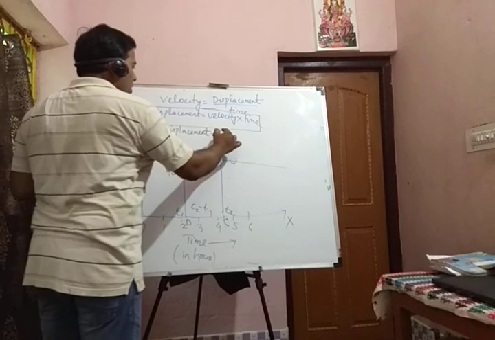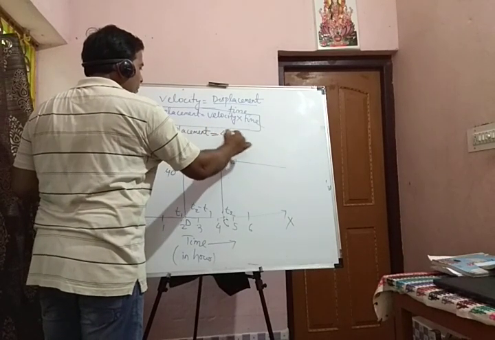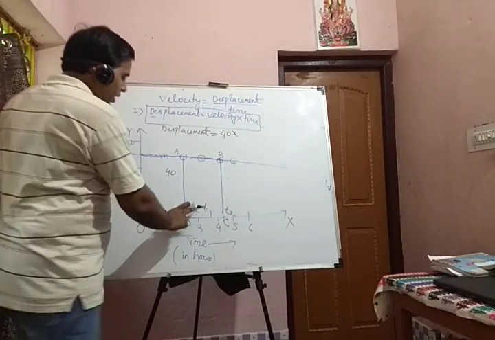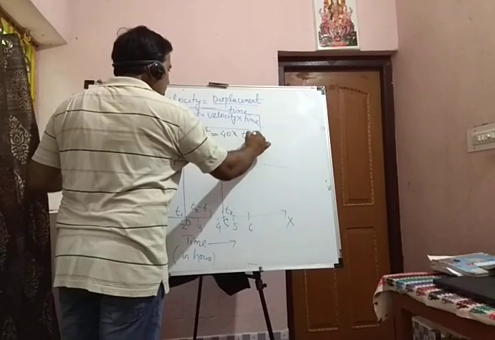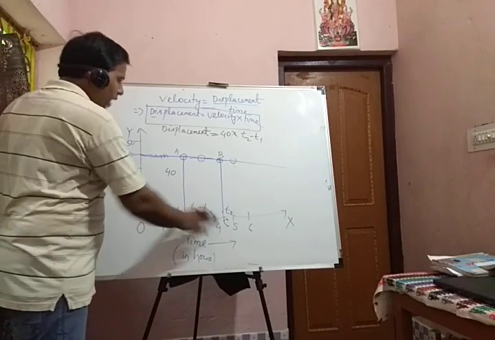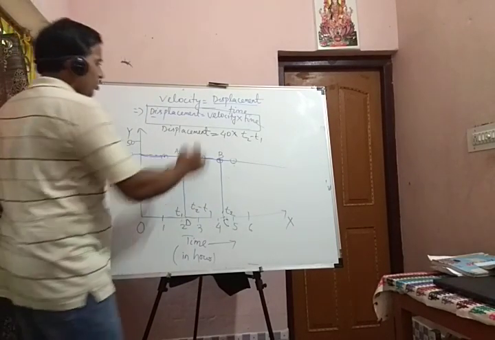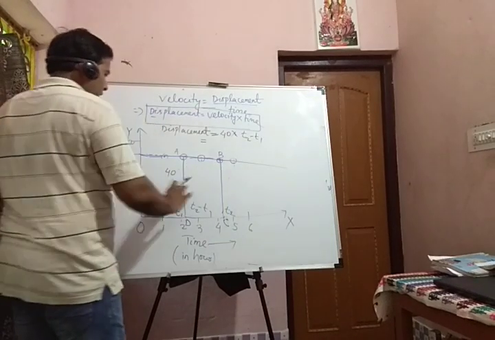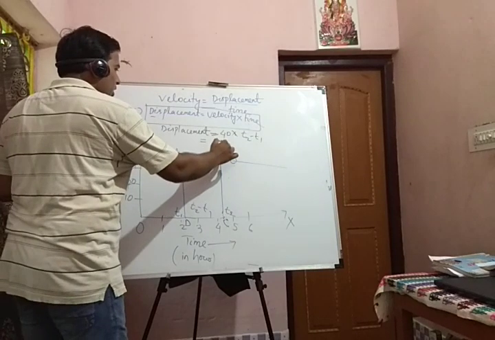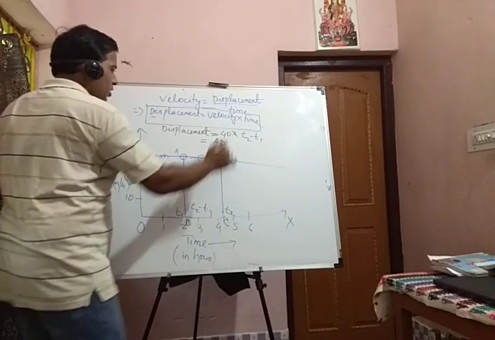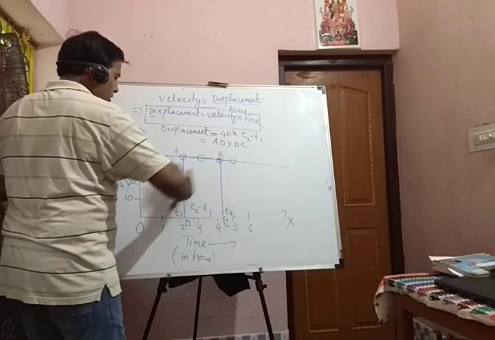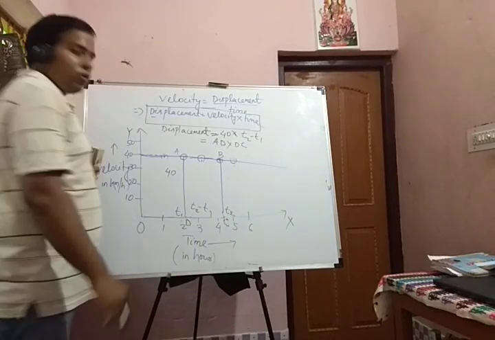Here the velocity is 40 km per hour, into the time, that is t2 minus t1. 40 is the velocity and the time is t2 minus t1. This 40 is AD. In place of 40 we can write AD. In place of t2 minus t1 we can write DC.